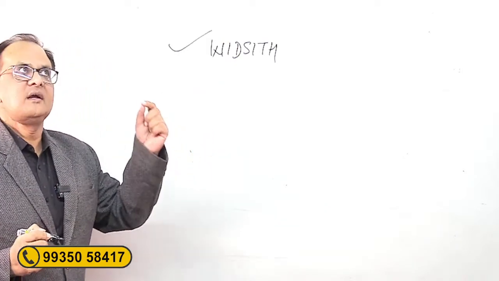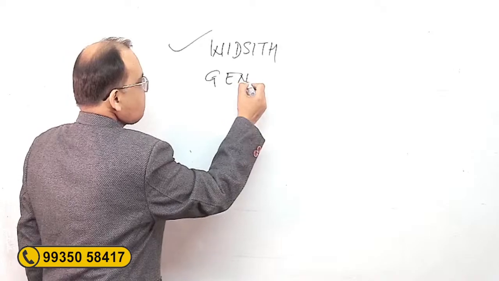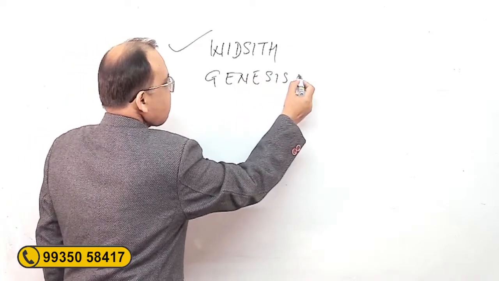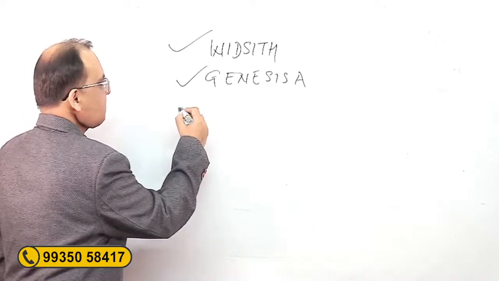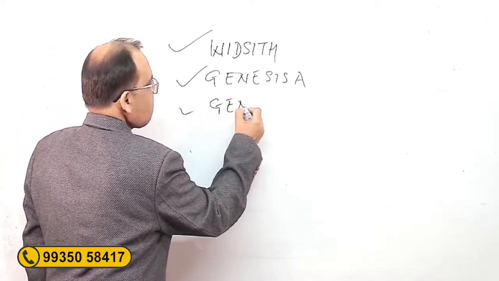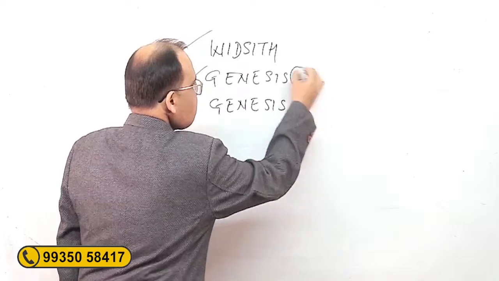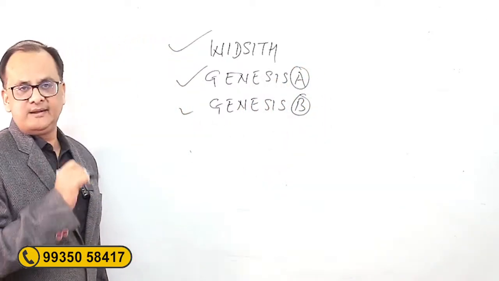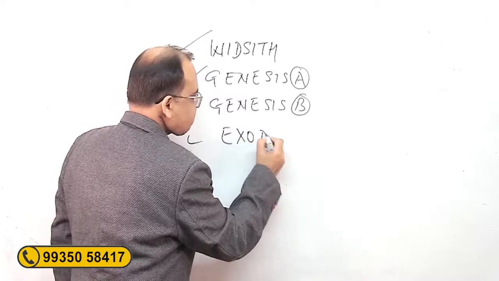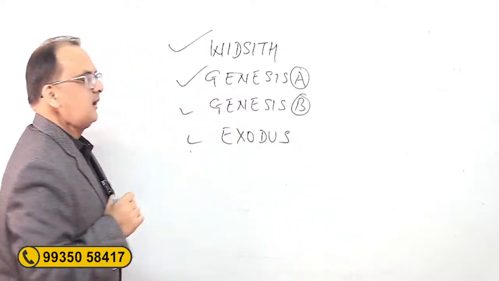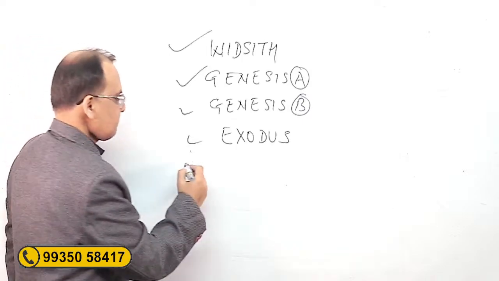Then it was Genesis A, and Genesis B. Then don't forget the name Exodus. Then there is a poem, The Wanderer.